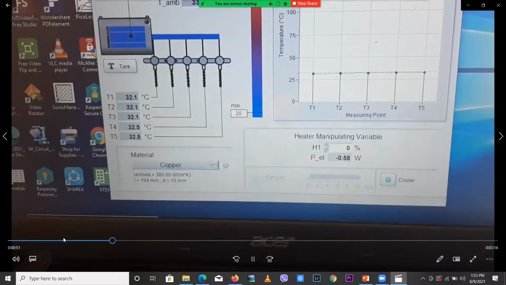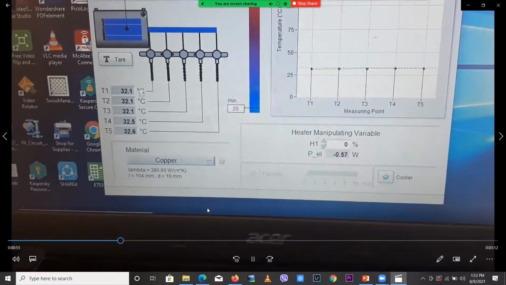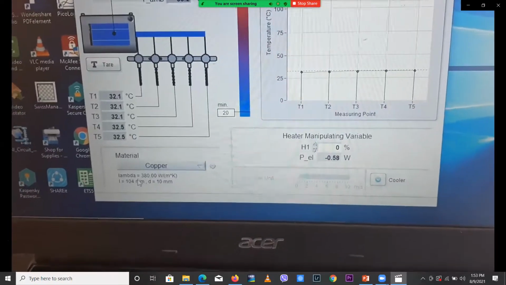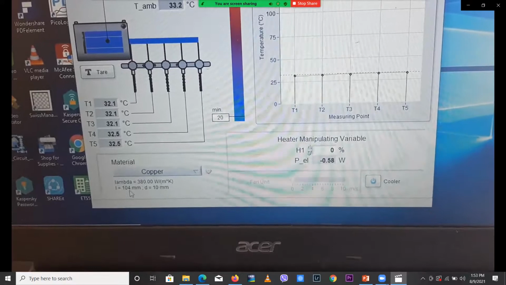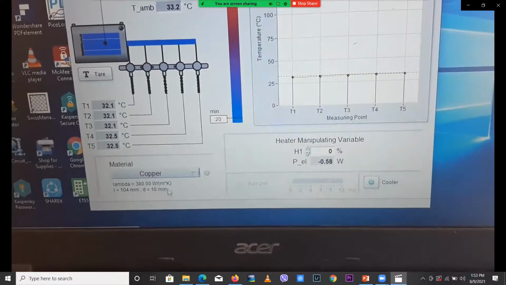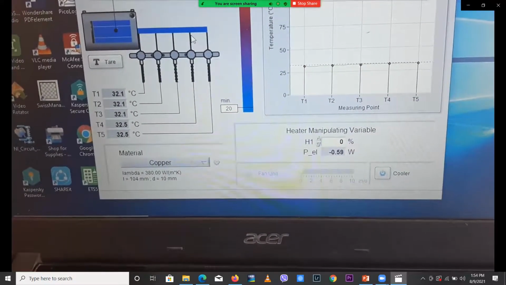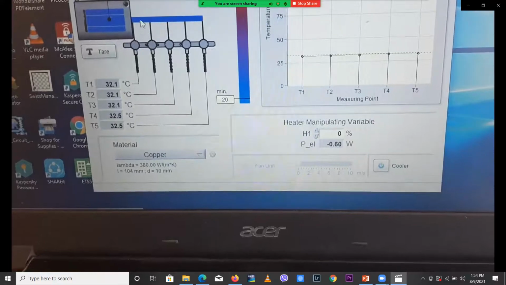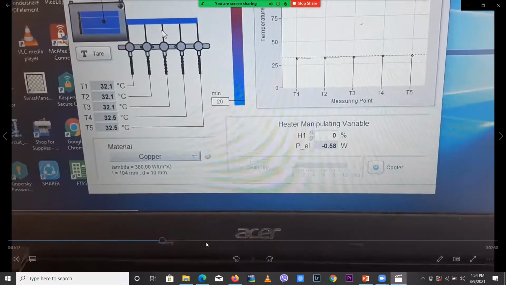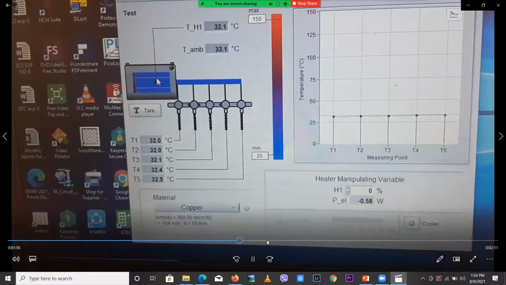The total length of this copper bar is 10.4 centimeter or 104 millimeter. The diameter is 10 millimeter. The difference between two probes is 25 millimeter.